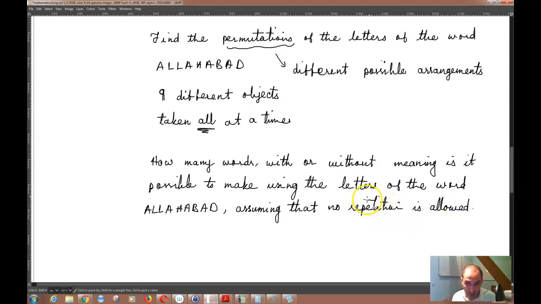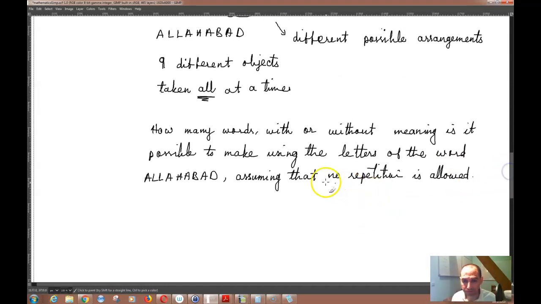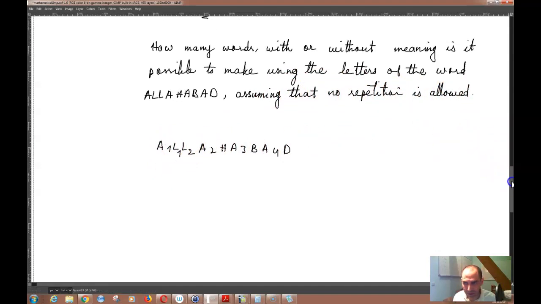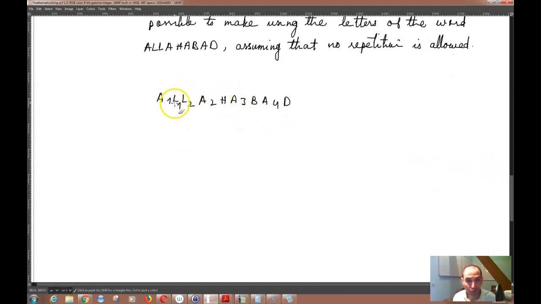And when we say that no repetition is allowed, suppose that I treat these A's as different A's: A1, L1, L2, A2, H, A3, B, A4, D. I have 9 different letters here.